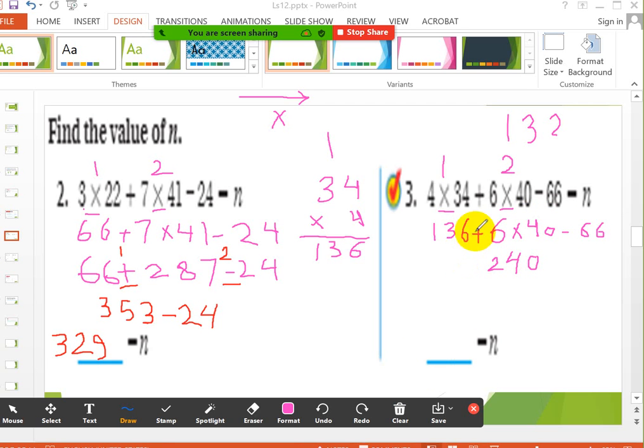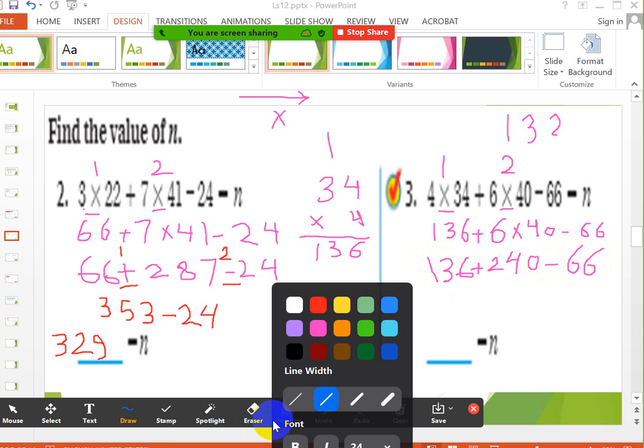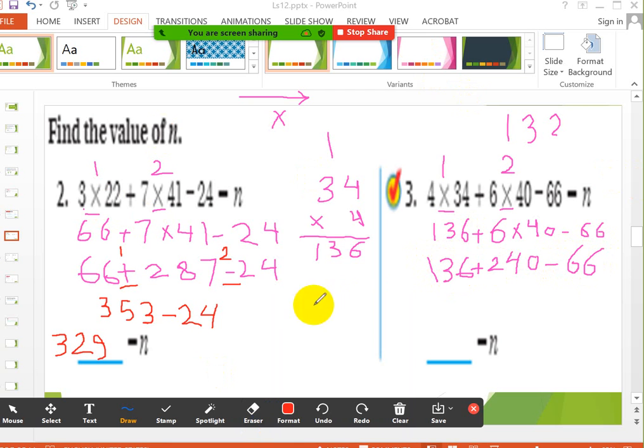Now I will write the numbers left in the expression, which is here 136 and 66. Okay, this is the first step. I did my first operation, which is here the multiplication. After that, what I have to do is plus and minus, also from the left to the right.